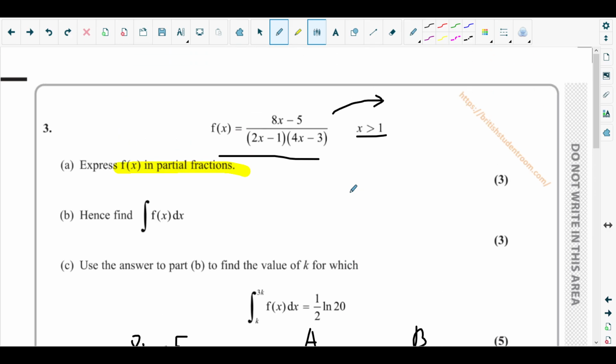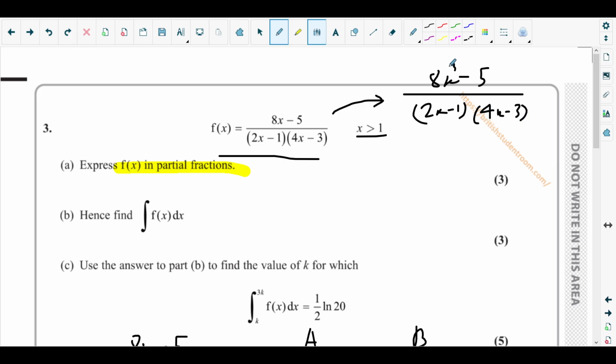Next is improper fractions. Improper fractions have the power of the numerator greater than the power of the denominator. For example, if it was 8x cubed minus 5 over (2x minus 1)(4x minus 3), the maximum power in the numerator is 3, while the power in the denominator is 2.